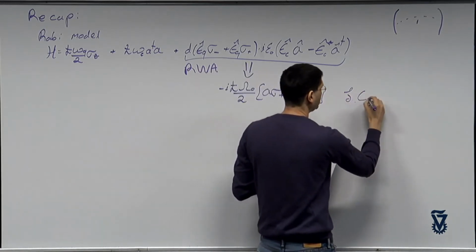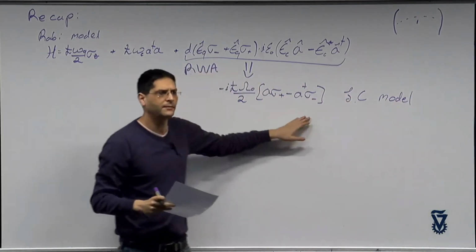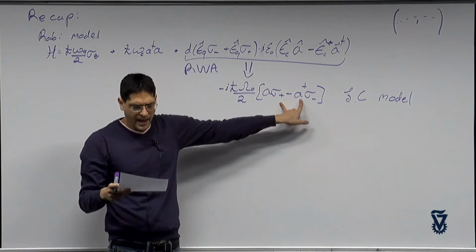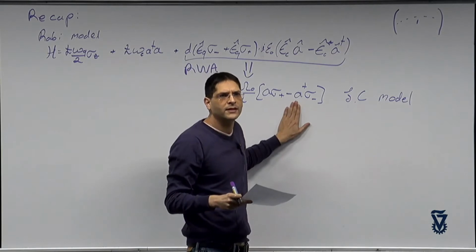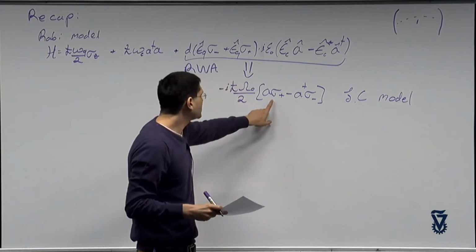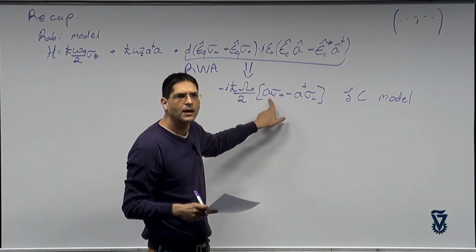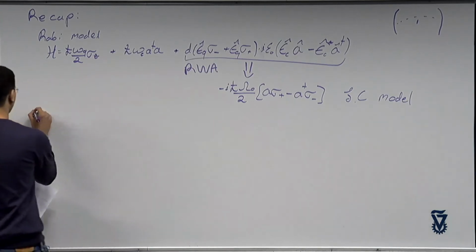And this is what we call the JC, Jaynes-Cummings model. So this is what we did last time, and we discussed this term. And what we saw last time is that this term on resonance was basically a swapping of excitations at a certain frequency.